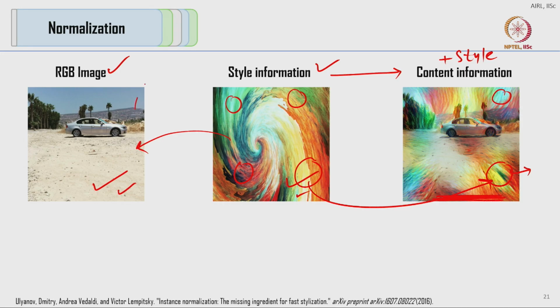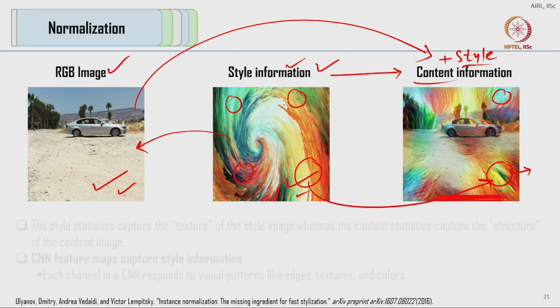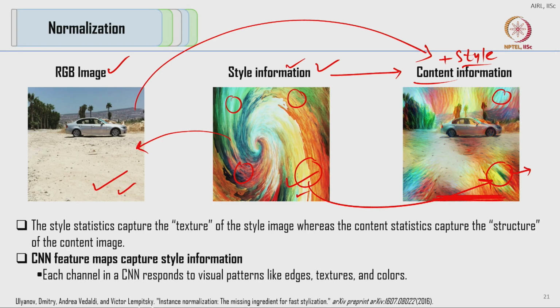Once we do that, we get an image which has both content and style, but the style comes from the style information. Now the style captures the texture, whereas the content captures the structure, right? Although this is true for an image, because we are essentially understanding how the image works, this is also true for the CNN feature maps.